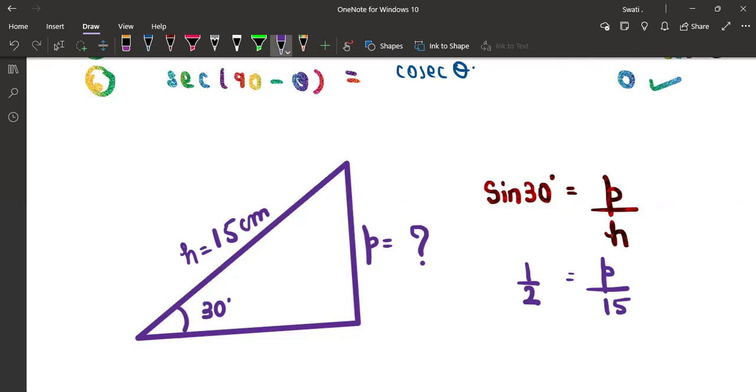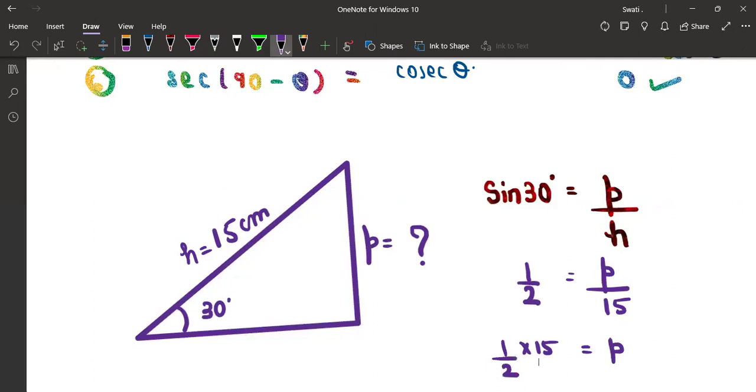You want only P. 15 is the extra thing, so will you not shift 15 to the other side? So 1 upon 2 will be as it is, and 15 will get multiplied. So it will become into 15.